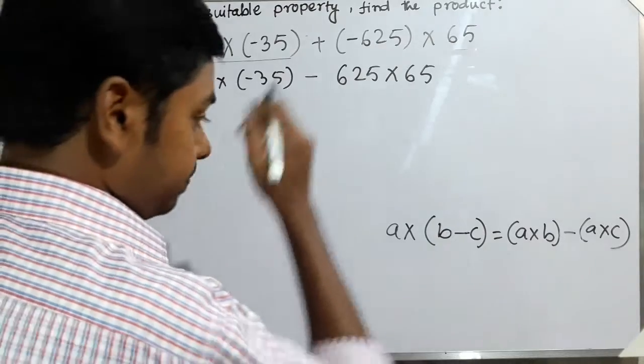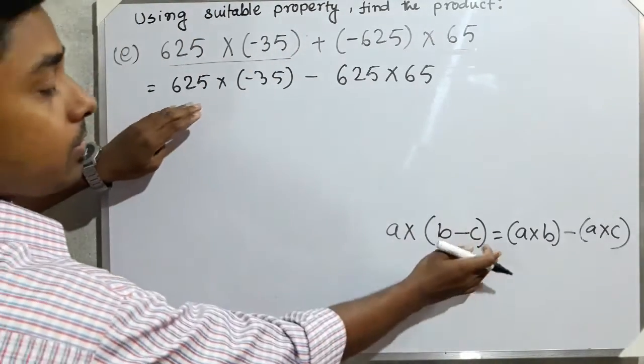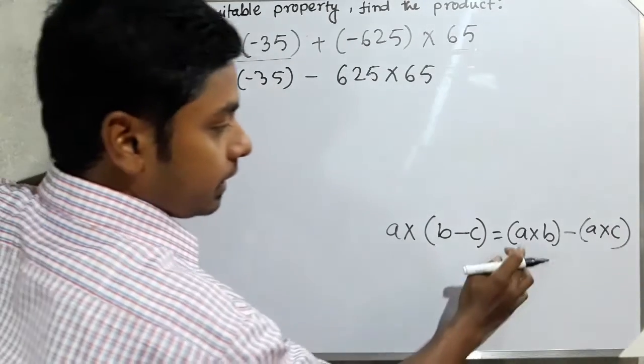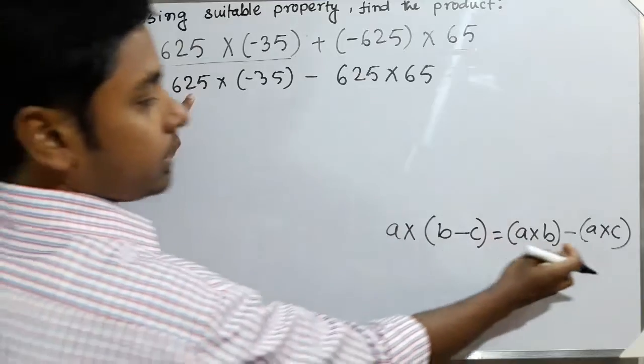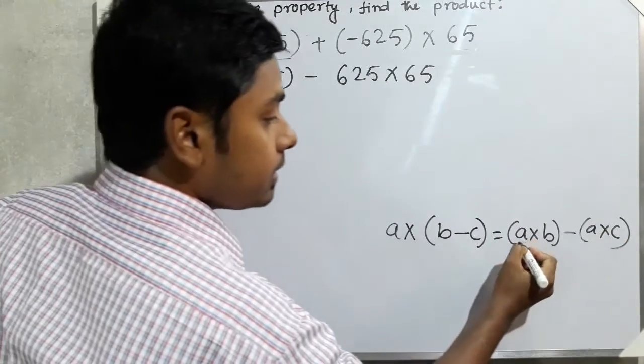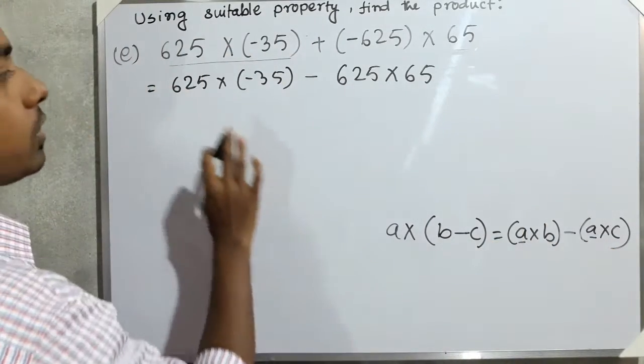First of all we have to compare. A into B minus A into C, and this A and this A are the same, 625.